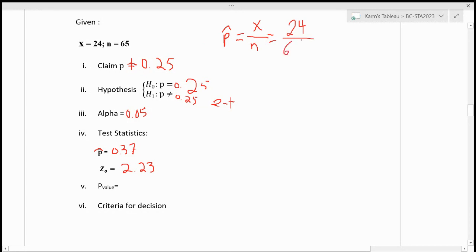That gives you 0.37. Okay? So where did the 0.75 come from? Anybody?